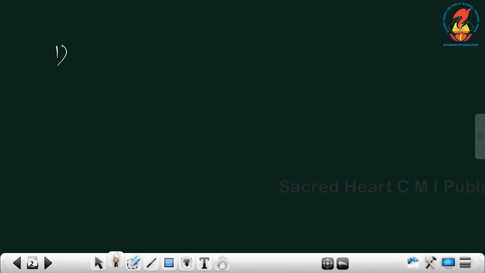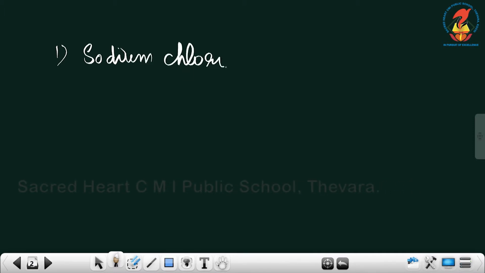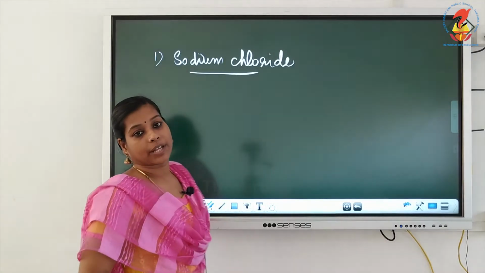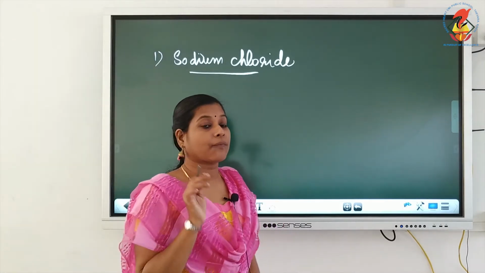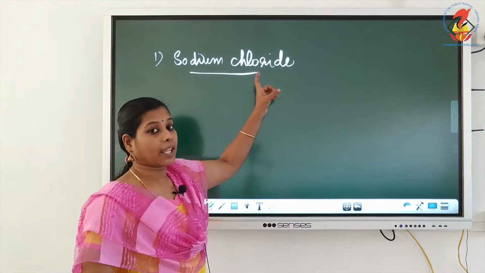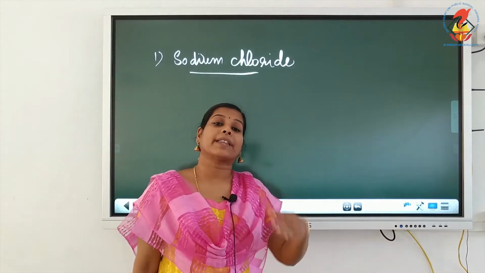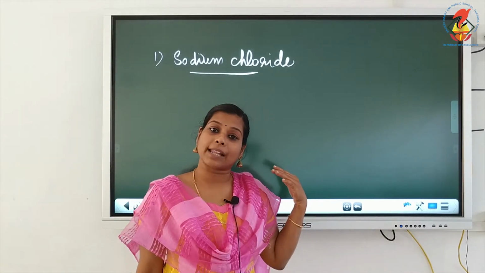First of all, we can take one example. Last class we saw the name given as sodium chloride. The compound name is given, and you are asked to derive the formula for that compound. So, first of all, from the name you have to identify the metal. Which is the metal?